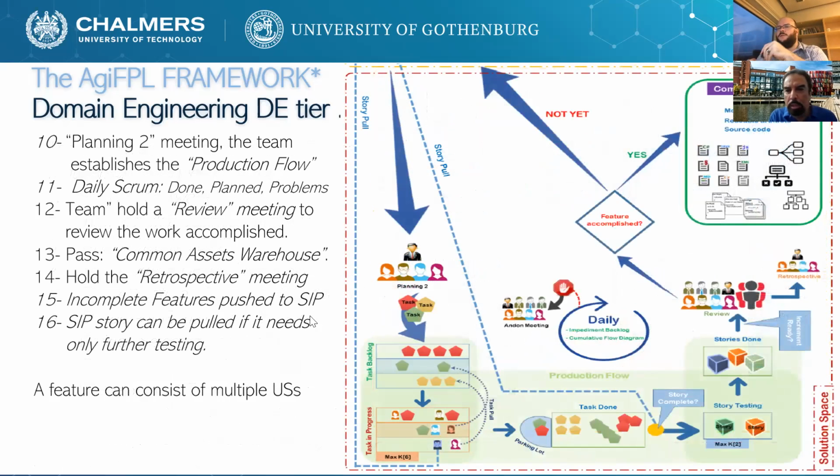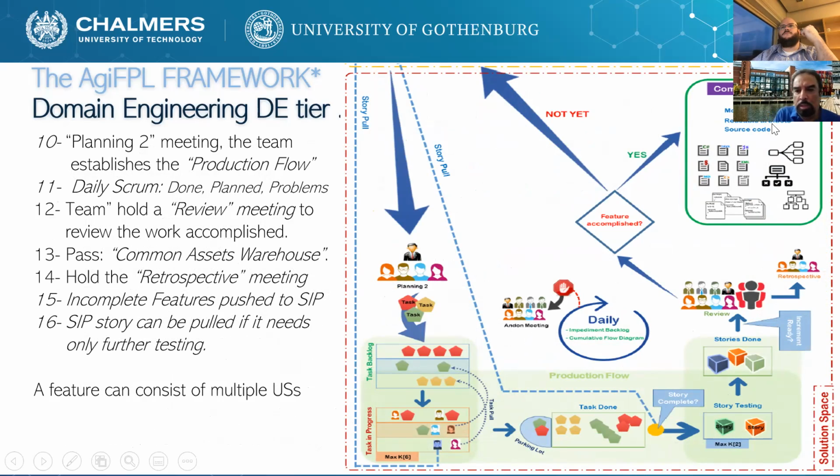So you can see it here from the solution domain. We are still in domain engineering. This is the solution side where you're going to create the artifacts. So you start developing them here. They come back as stories, like you saw in the previous diagram, and they go through the process of testing and development, and they end where? In the common assets.